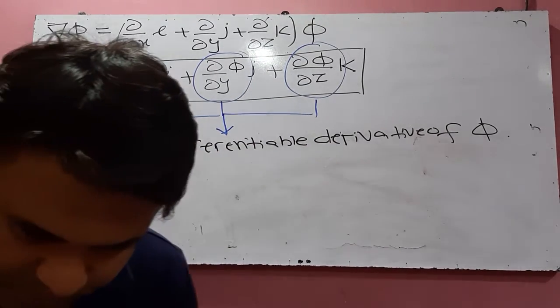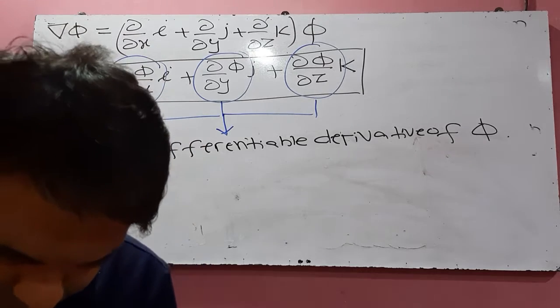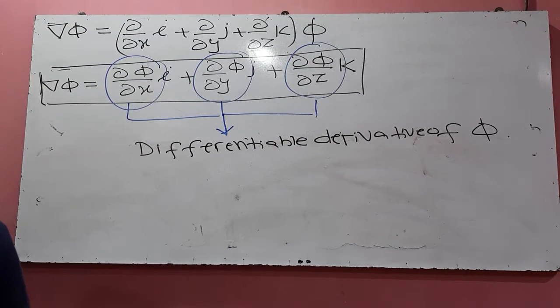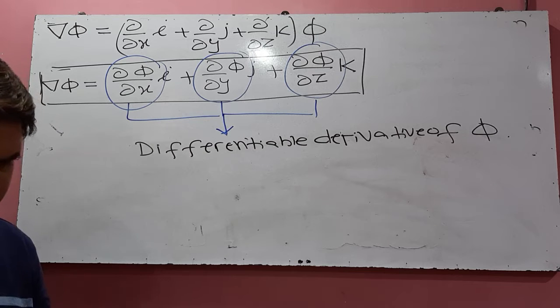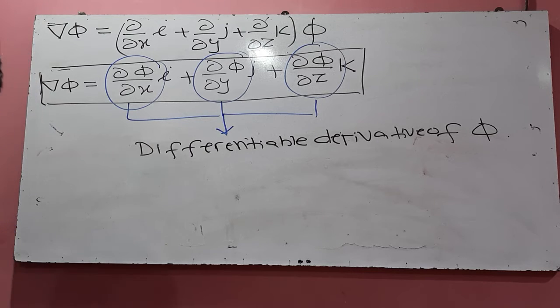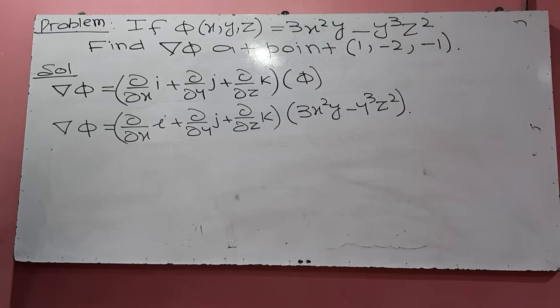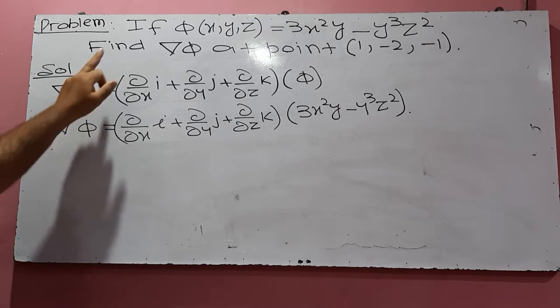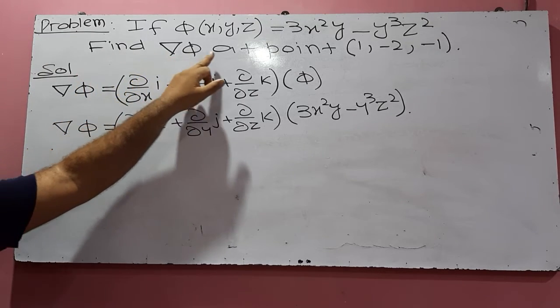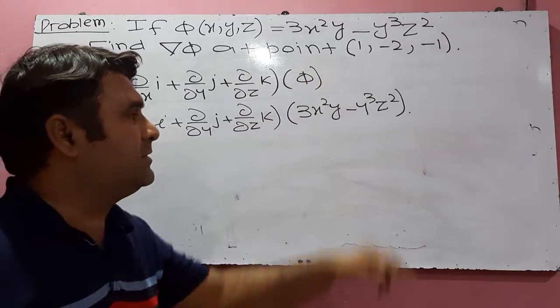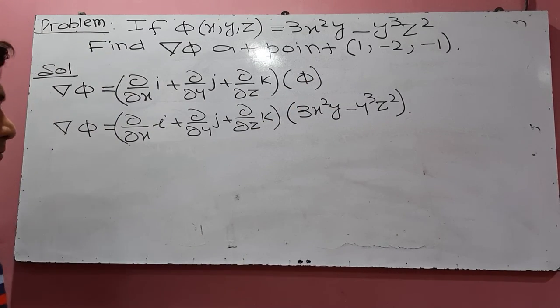Now we solve a problem. Statement of the problem is, if phi x, y, z is equal to 3x squared y minus y cubed z squared, find the gradient at the point (1, -1, -2).